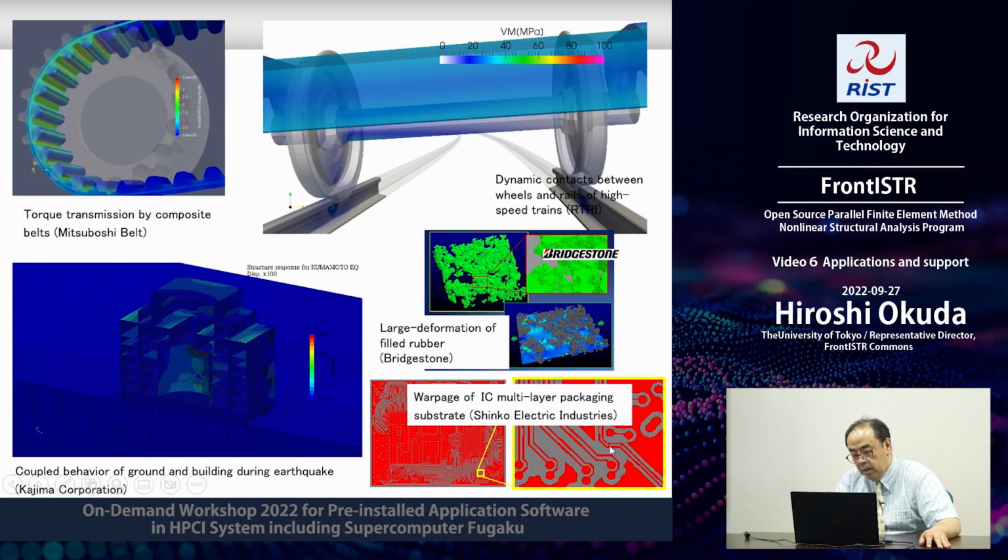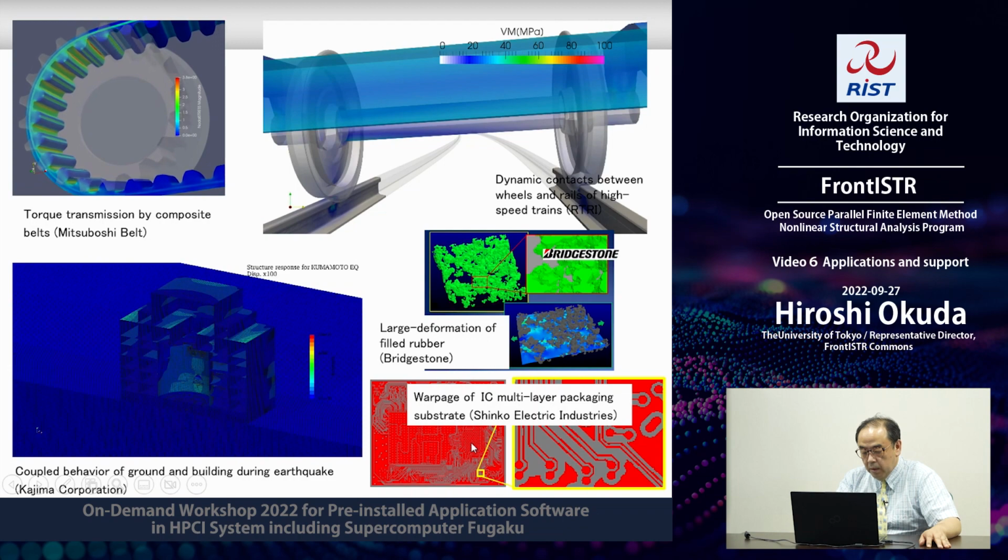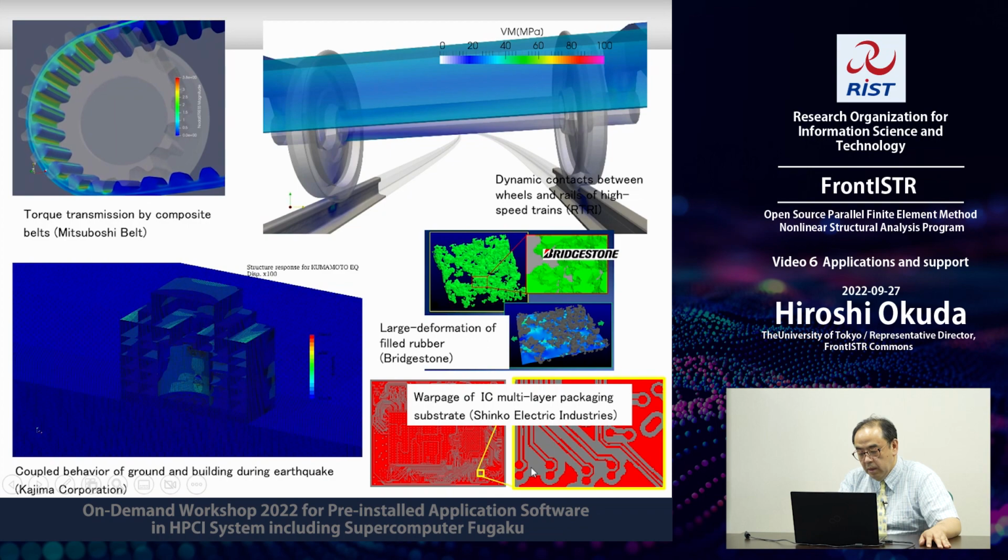And the last one is the phenomenon which we were tackling: the warpage of the multi-layer packaging substrate. So you see that at each layer you have a very complicated line pattern, with very different material constants between the gray part and the red part.